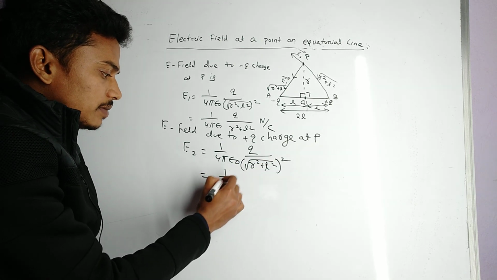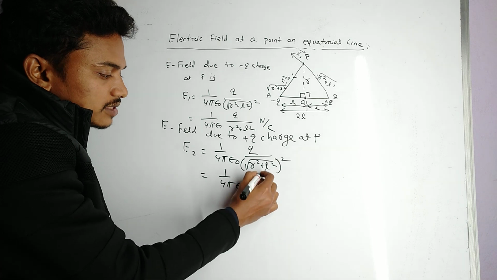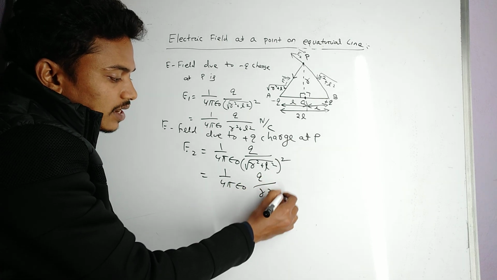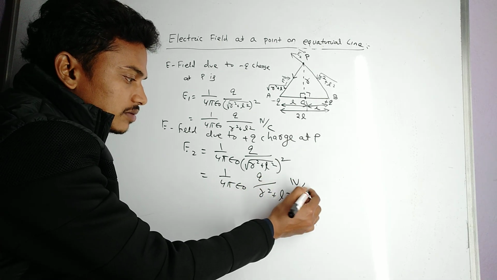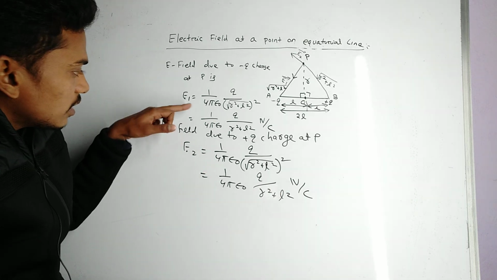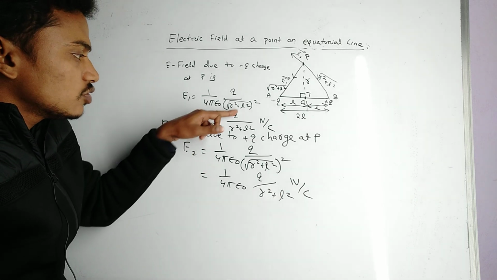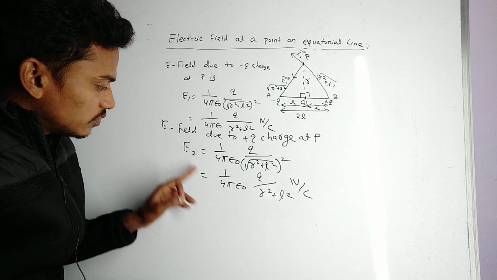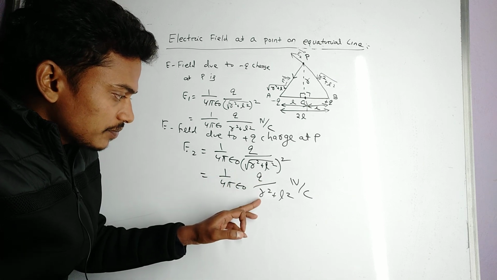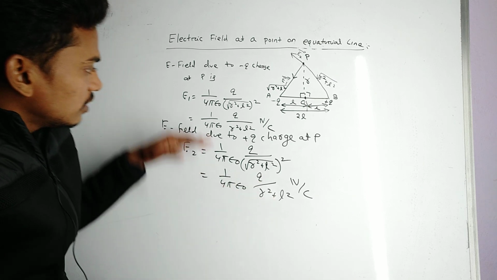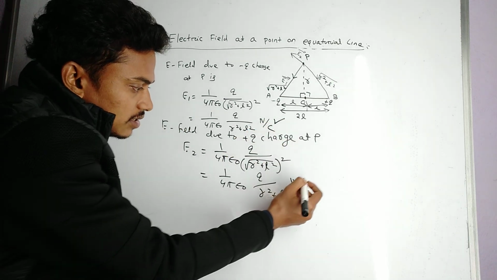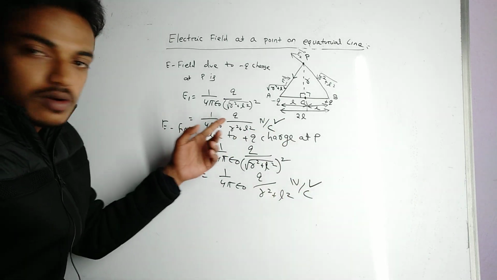So this is equal to 1 by 4 pi epsilon naught, q by r square plus L square Newton per coulomb. You see here E1 is 1 by 4 pi epsilon naught q by r square plus L square, and E2 is also 1 by 4 pi epsilon naught q by r square plus L square. These are the same in magnitude, so E1 equals E2.